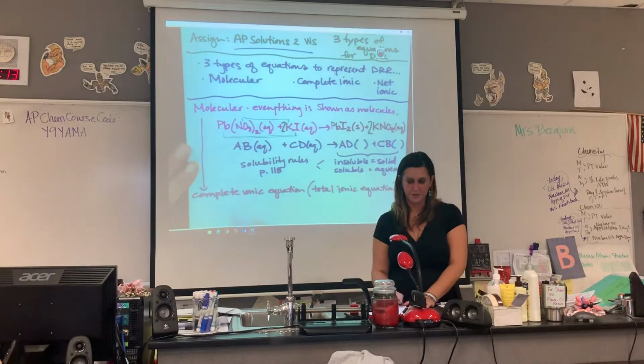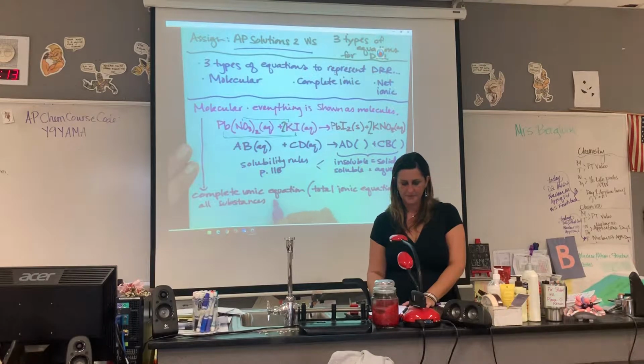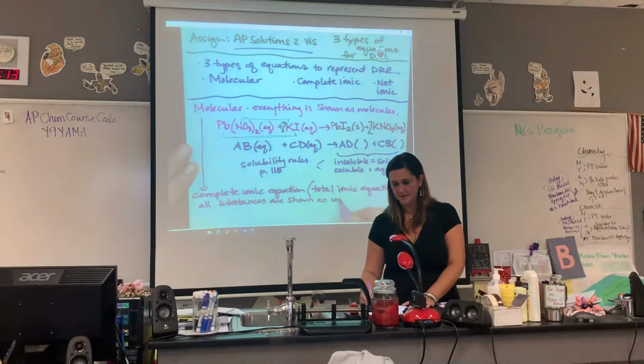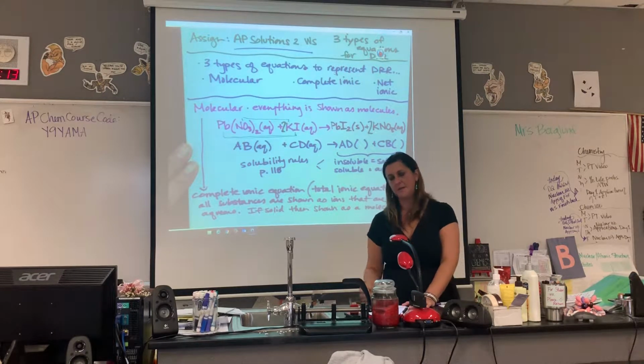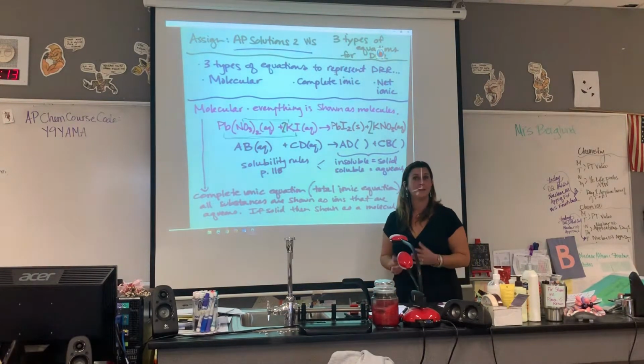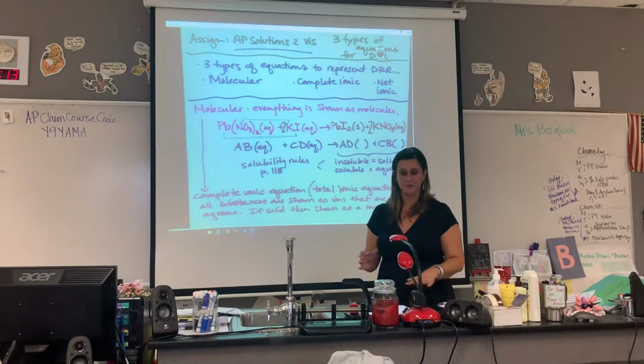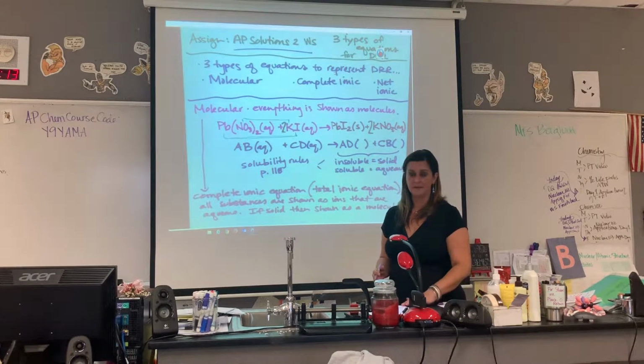And in a total ionic equation, all substances that are aqueous are shown as ions, and if it's a solid, then it's shown as a molecule. So you really have to hone in on the substance that is the precipitate, because that's the only one that you're going to keep together in this particular situation for the complete ionic or the total ionic equation.